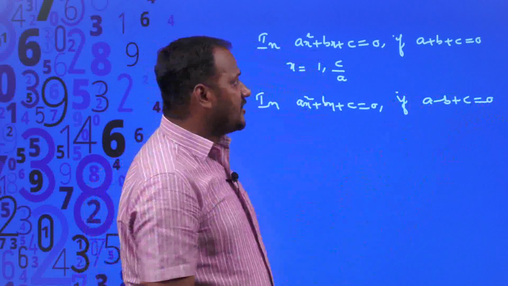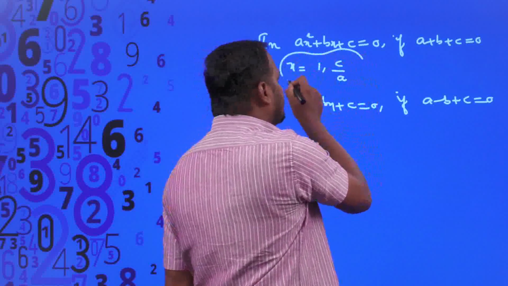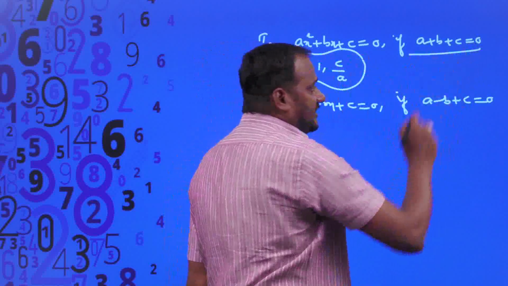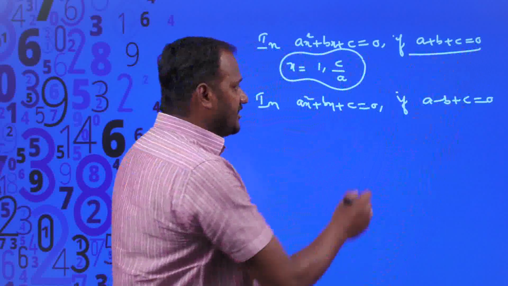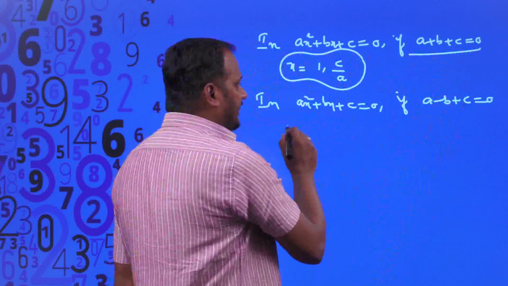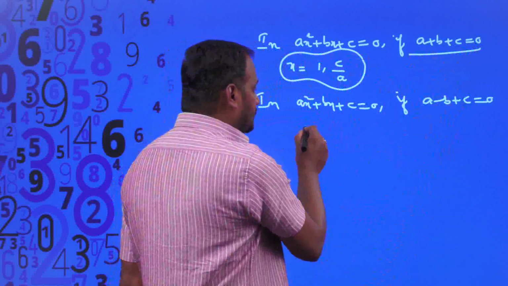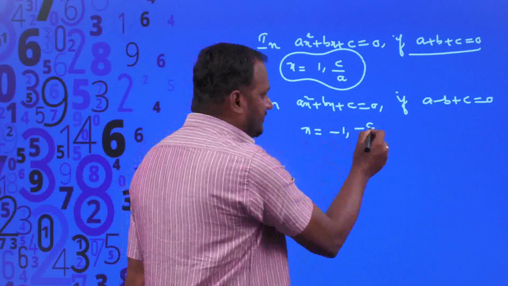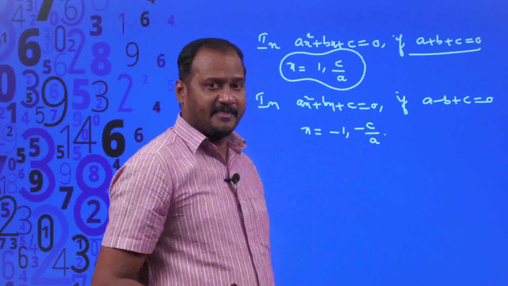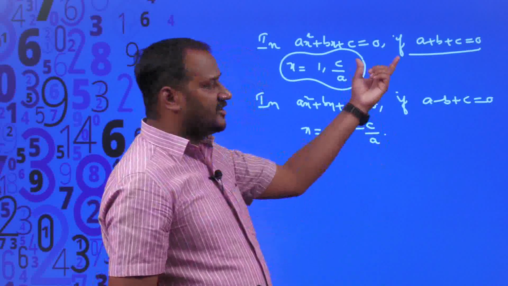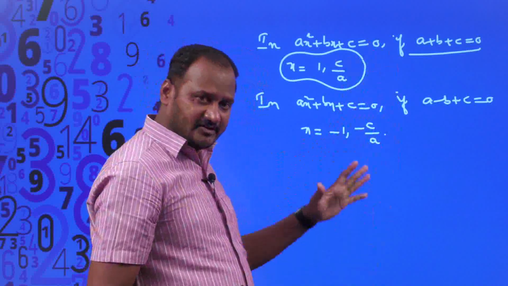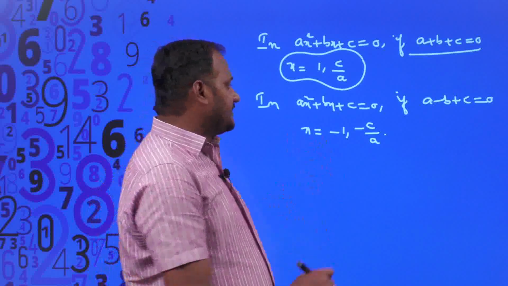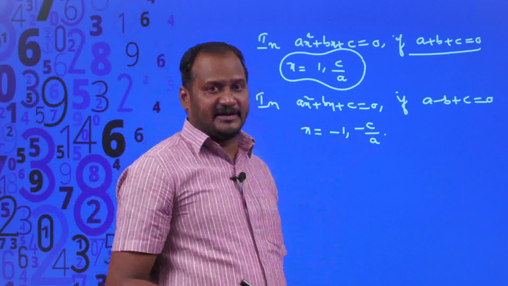In the same way that we found the roots under a plus b plus c is equal to 0, we can derive that the roots are x is equal to minus 1 comma minus c by a, right? If you want to prove this, we can do the same thing as in the previous class, and we will get the roots x is equal to minus 1 comma minus c by a.